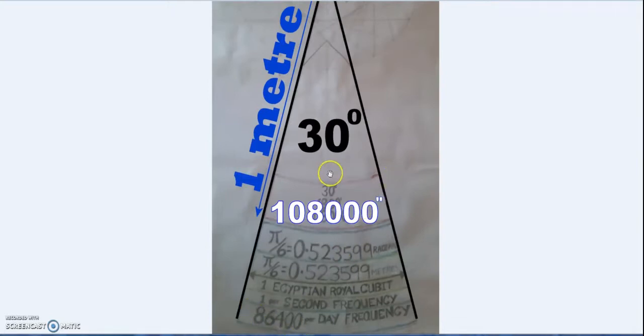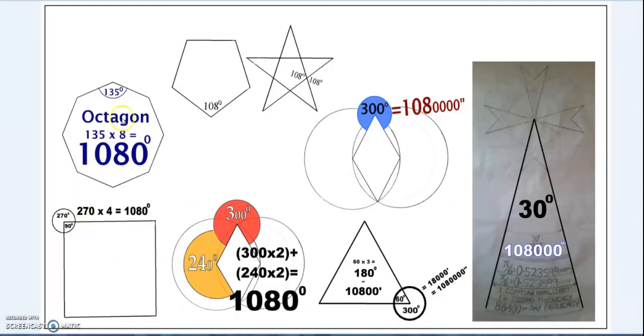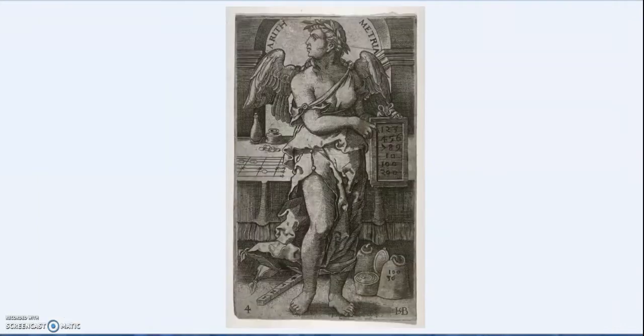We'll come to that. So 30 degrees, well, that's 108,000 seconds on the compass. So across geometry, even time, weights and measures, very, very hermetic, 108.